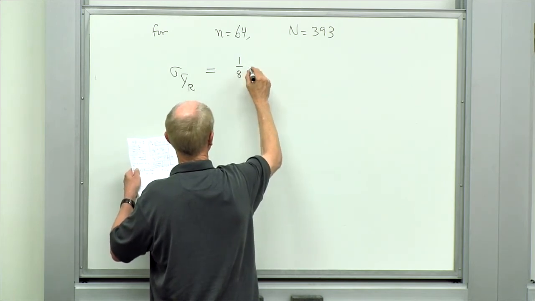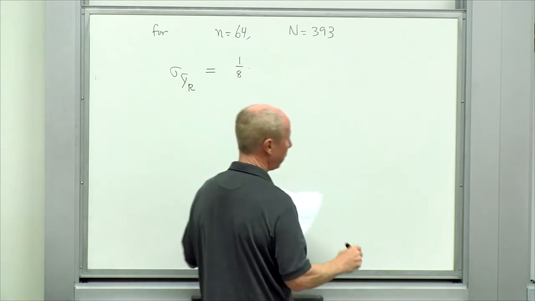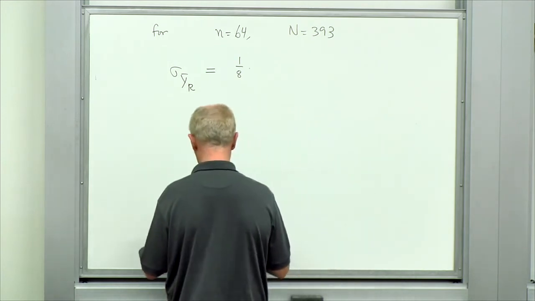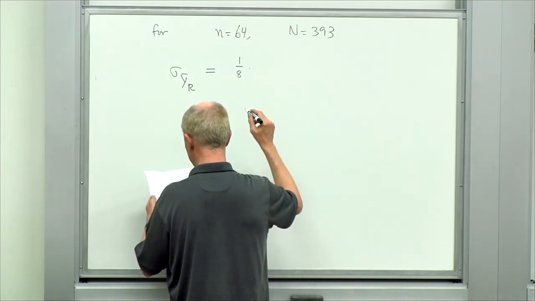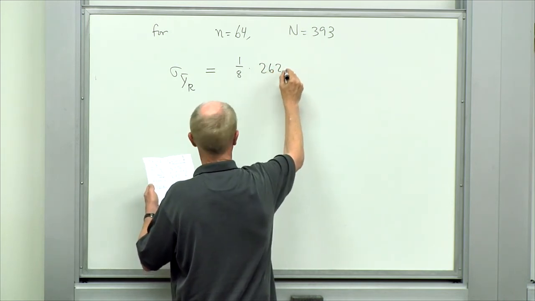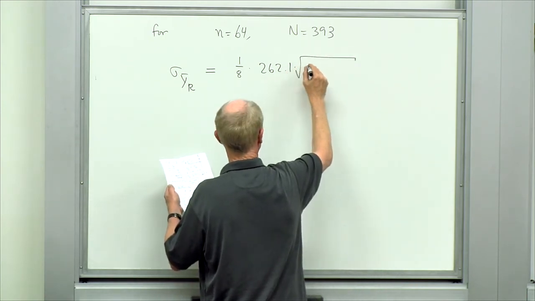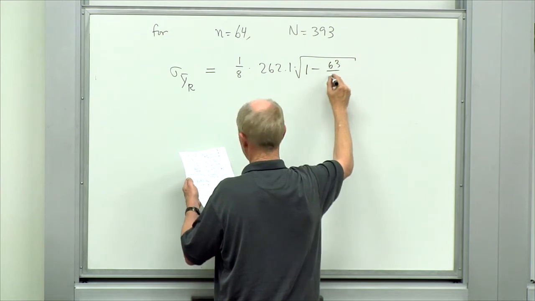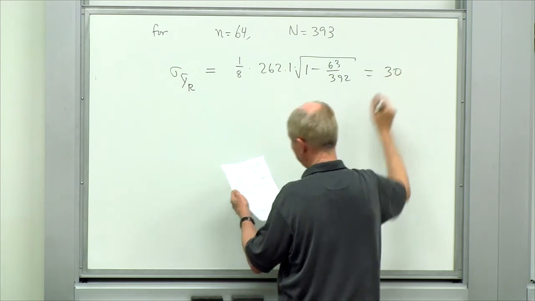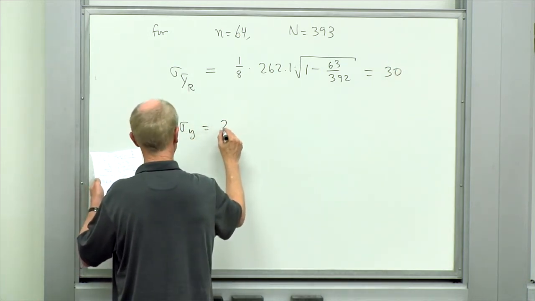So that'd be 8 times s squared, s, which becomes 262.1, and then times the population correction, which is 1 minus 63 over 392, turns out to be 30, whereas the true variance is 29.9.